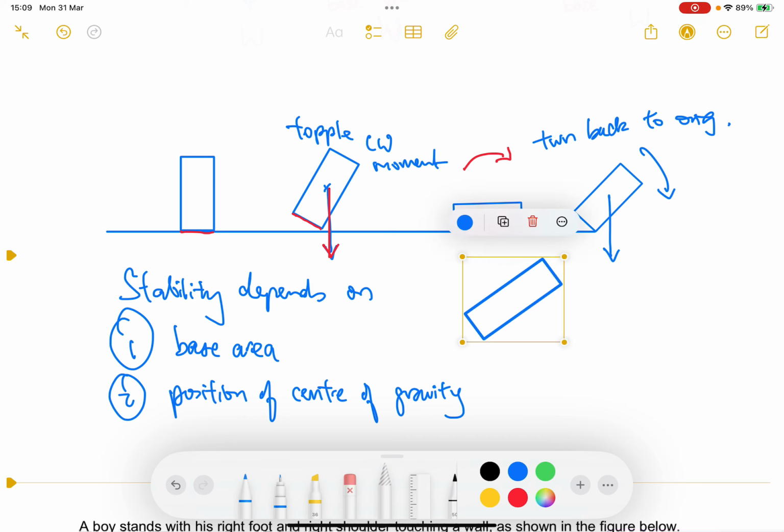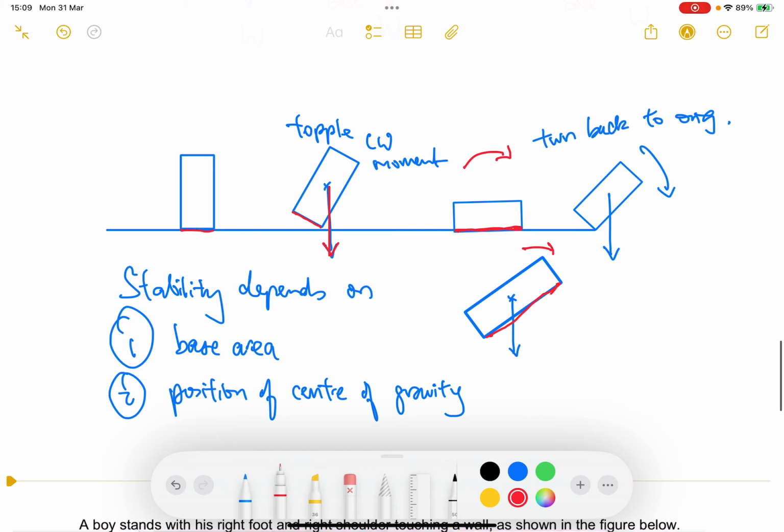Right, when you turn it slightly, the vertical line, the line of action of the force, is easily within the base, right? It's easily within this base, and it will turn back.